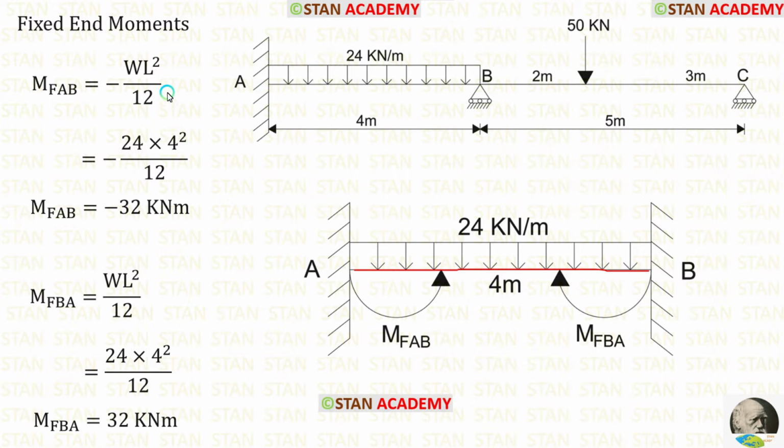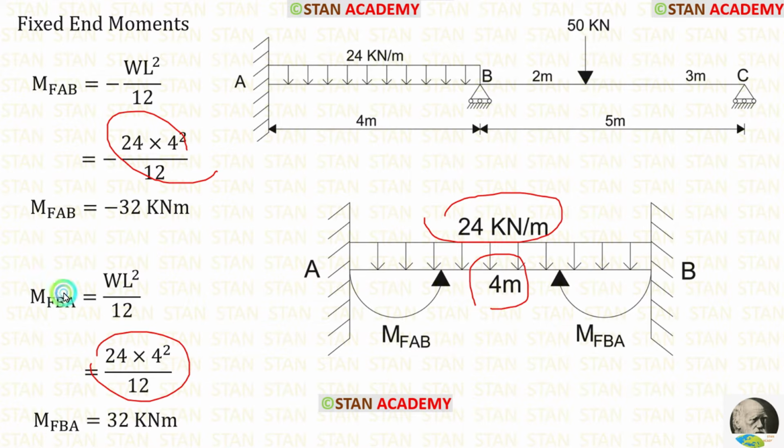We already saw the formulas minus WL square upon 12 and positive WL square upon 12. Here W is 24, L is 4. When we apply the values inside the formula, we are getting M of AB is equal to minus 32 kN meter and M of BA is equal to 32 kN meter.